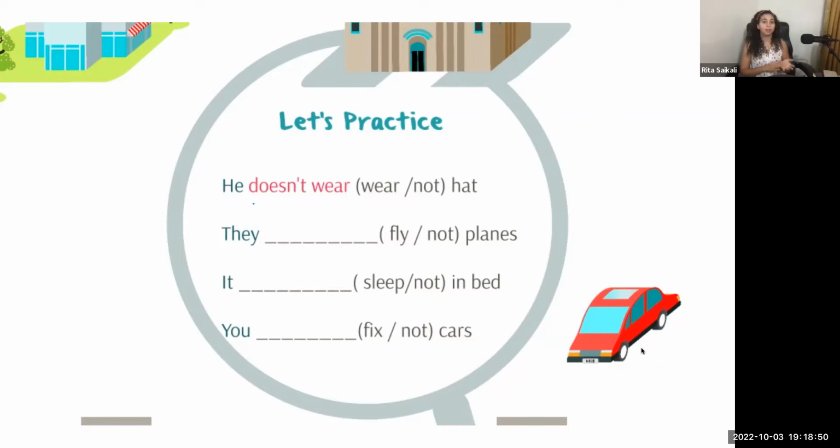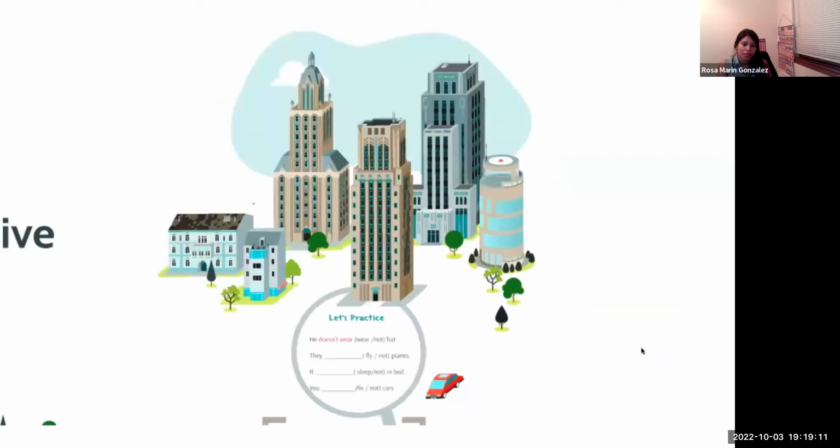They don't fly planes. What about it? It doesn't sleep in bed. And you? You don't fix cars. All right, so that is the end of this presentation.